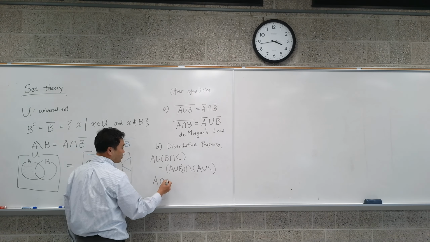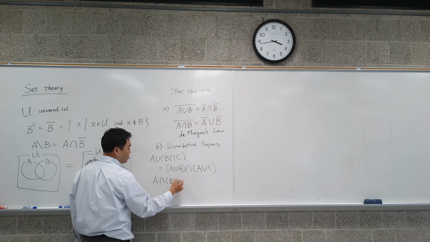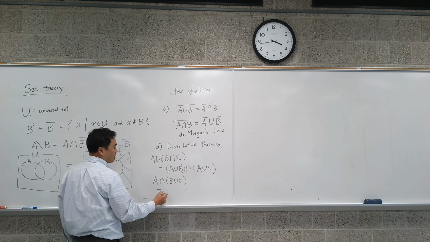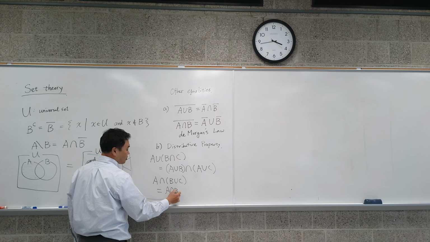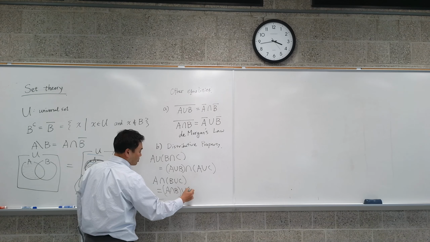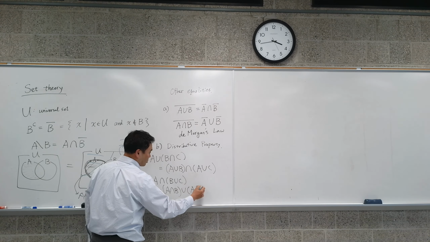You can have an intersect and then union, the same thing as A intersect B union A intersect C.